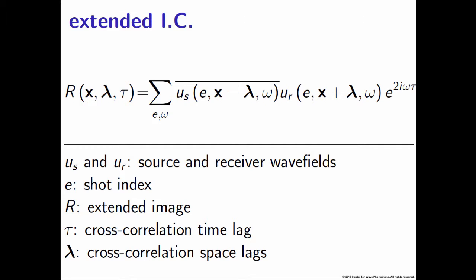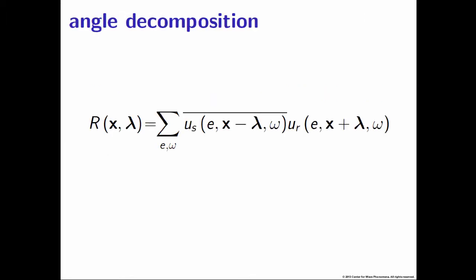So the output of this operation will be a 7-dimensional extended image, R, as a function of space, space lag, and time lag. Fortunately, for the angle computations, we can use a subset of the extended images, just the space lag gathers, for tau equals 0.